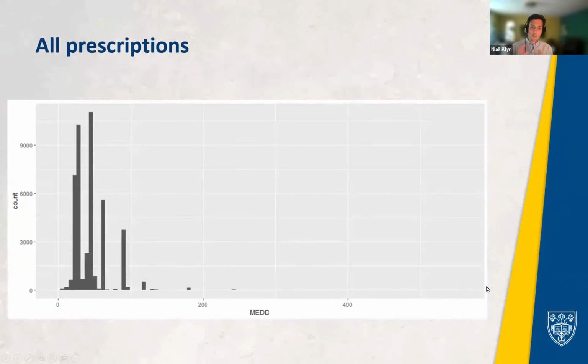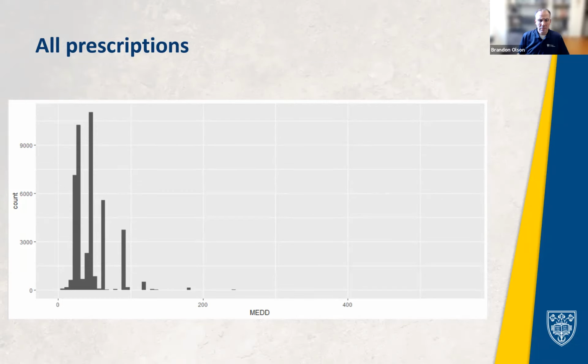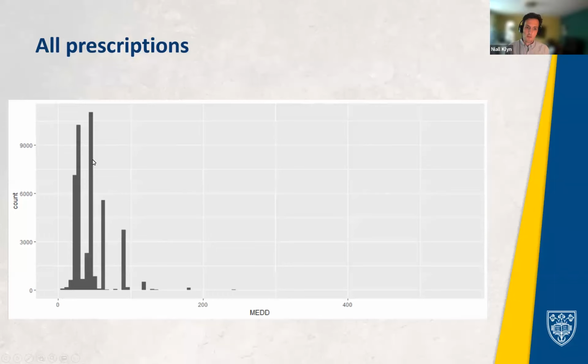So when I pull the median and the mean for this particular data set, they're actually very close together. A lot of the weight is in these lower ranges, but it is important for our team and our deciders to know, we've got ranges from just above 0 all the way out almost to 600 MEDDs or MMEs, depending on how we want to slice and dice the data.